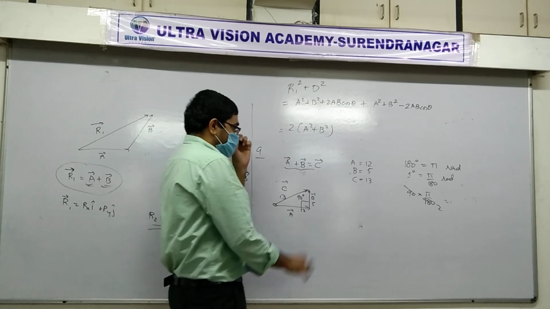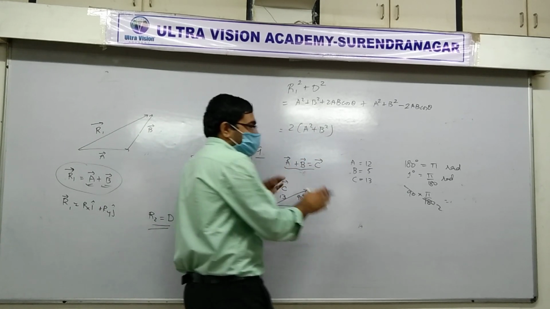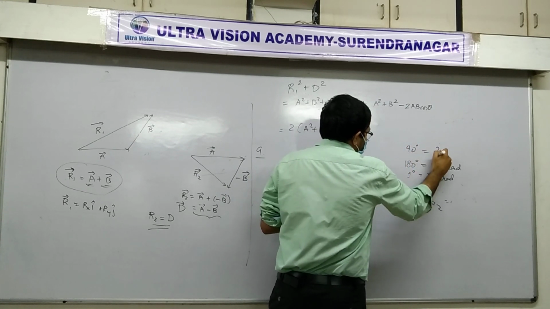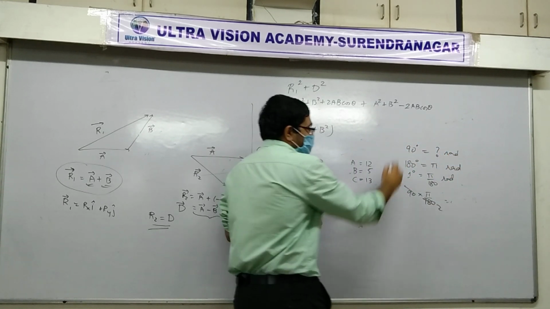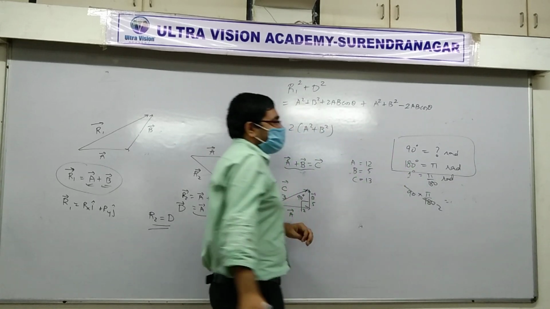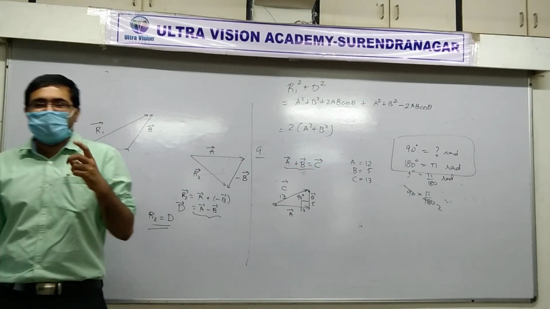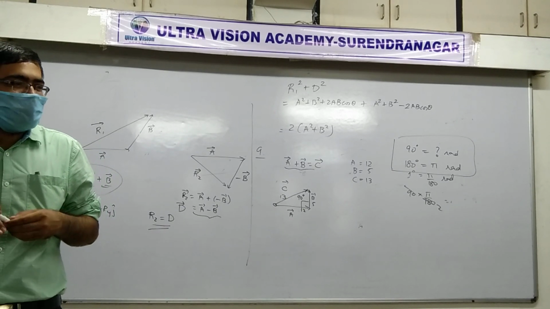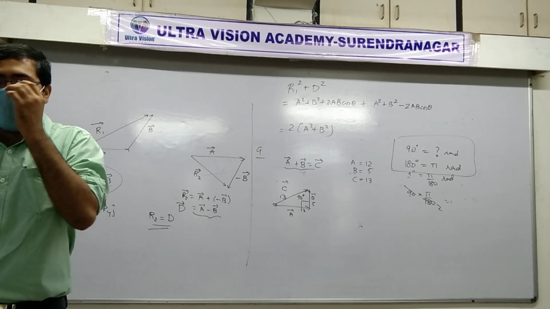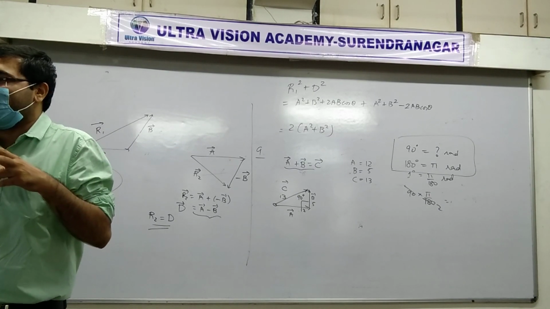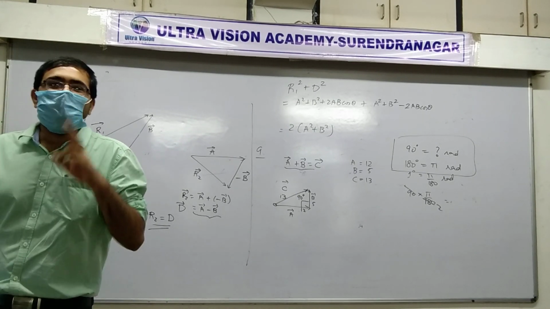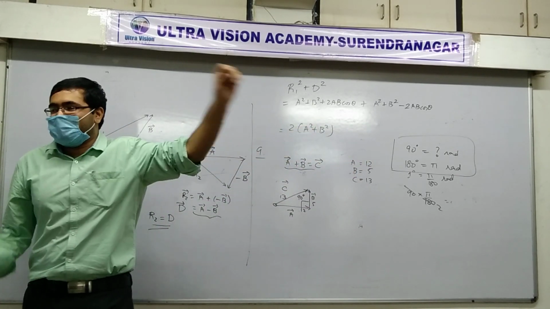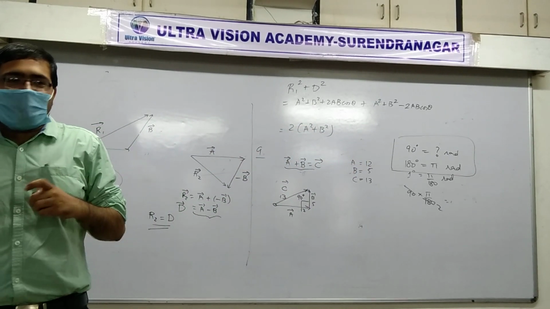For simple cross multiplication, after having done it thousands of times, is this. Clear or not? 180 degree is pi radian, so 90 degree is pi by 2. There is no shame in it, remember. Got it? Sit down. Very well. So answer is pi by 2.